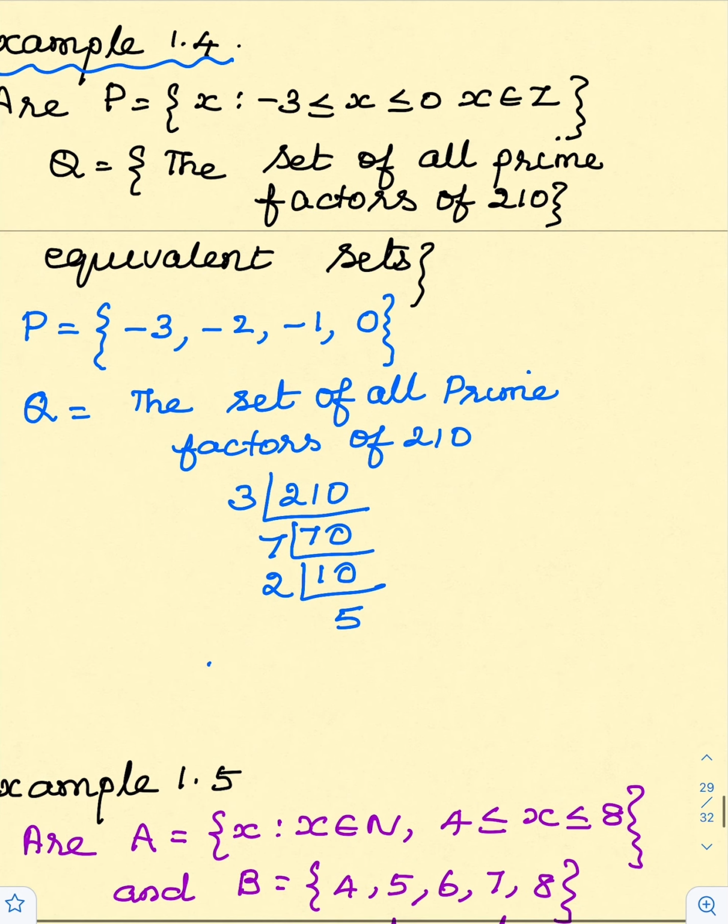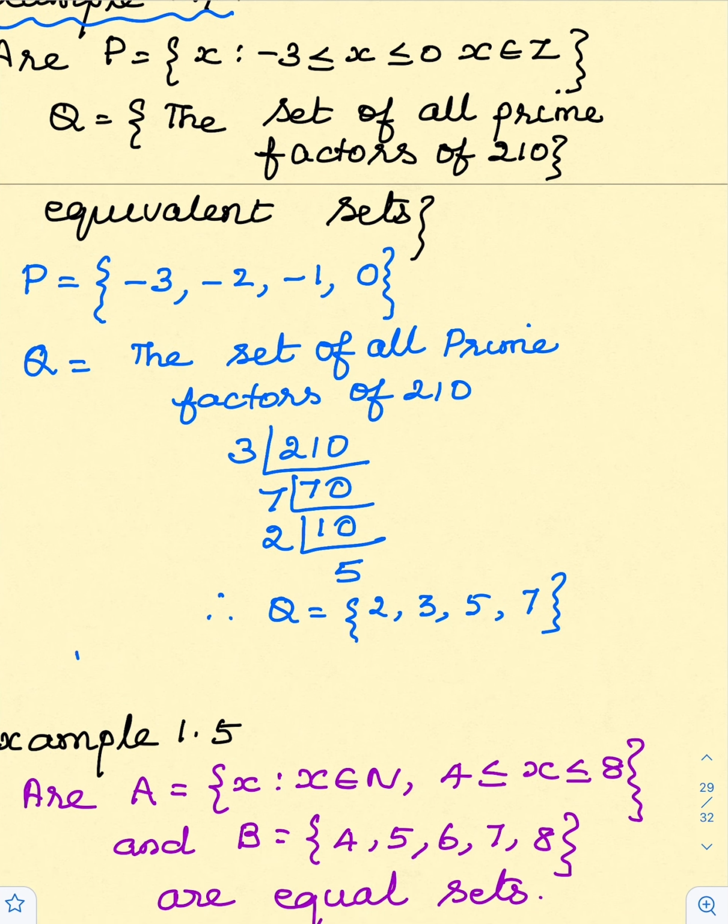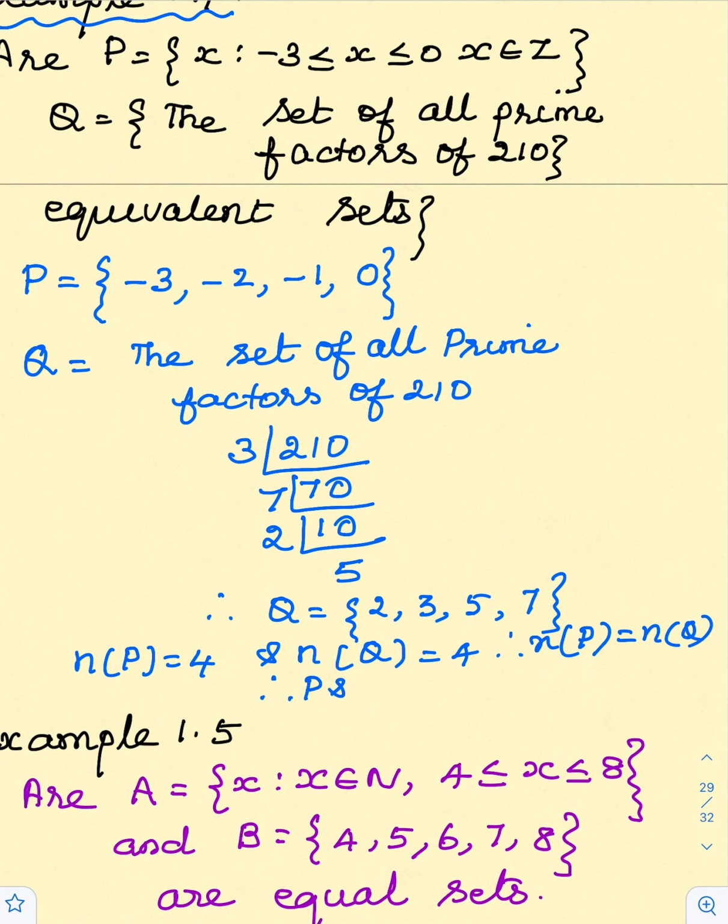So Q is equal to {2, 3, 5, 7}. So n(P) is equal to 4 and n(Q) is also equal to 4. Therefore n(P) is equal to n(Q). Therefore P and Q are equivalent sets.